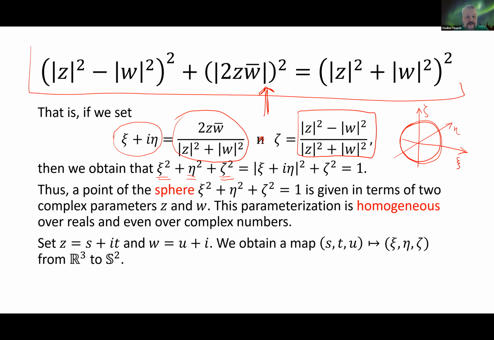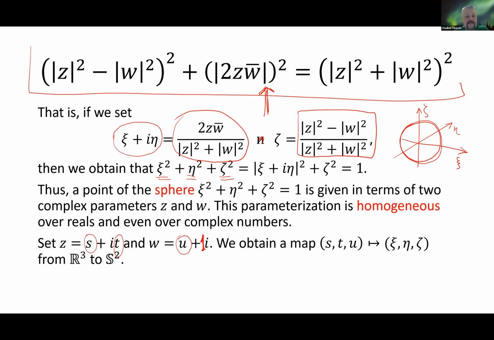Okay, so if we now restrict to just 3 real parameters, so if we say let s and t be the real and the imaginary parts of z, u be the real part of w, and the imaginary part of w will be just 1. So we fix one of the 4 parameters.